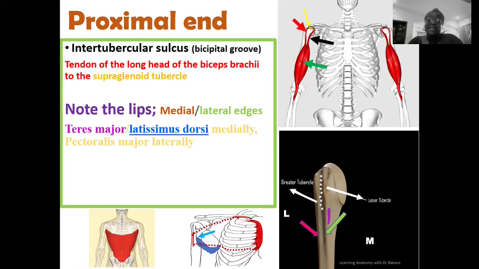So if you go back to the lateral lip of the intertubercular groove or sulcus, it is related to the pectoralis major muscle. Using this image here at this lower side, highlighted here in black, this is where we have the pectoralis major muscle. You see that the fibers of this muscle are finally inserted on the lateral lip of the intertubercular groove or sulcus.